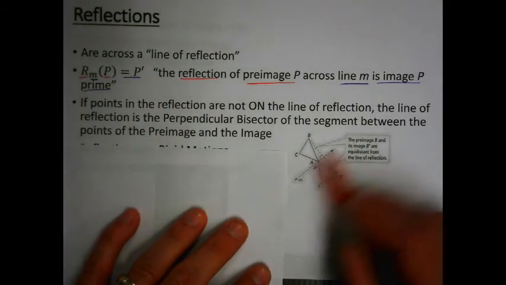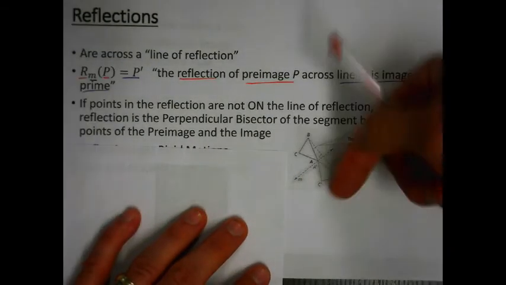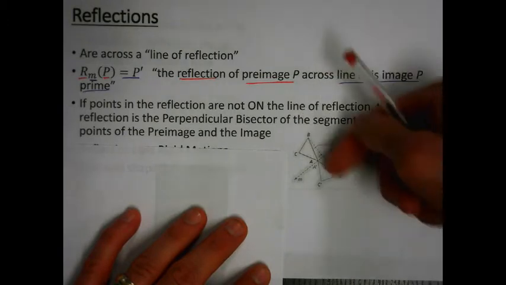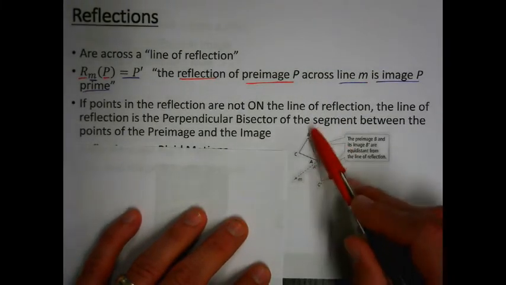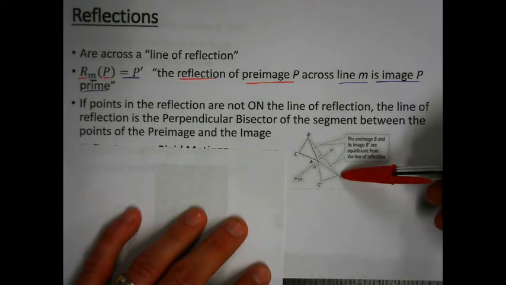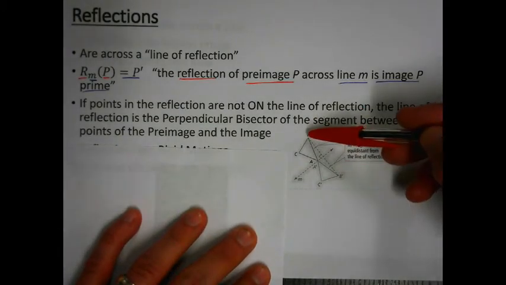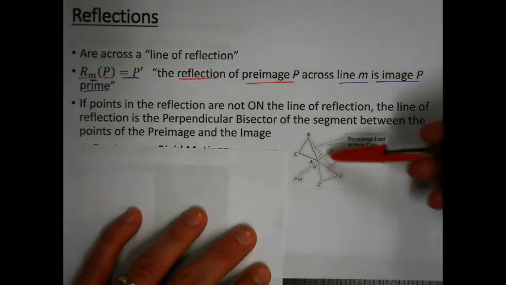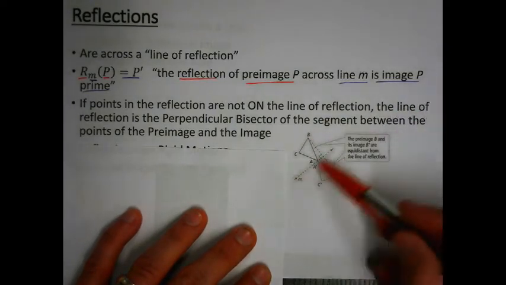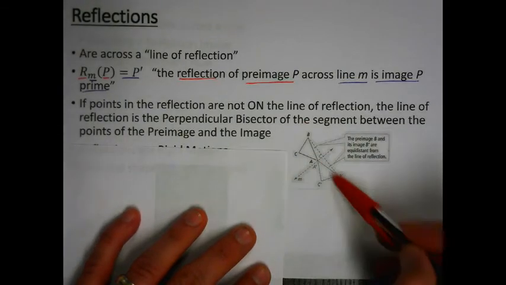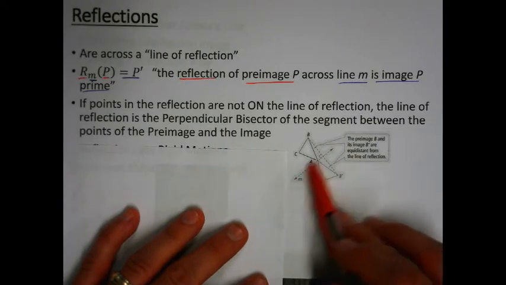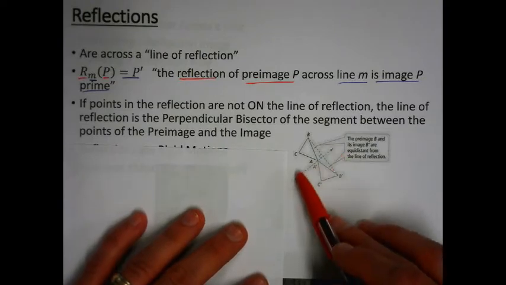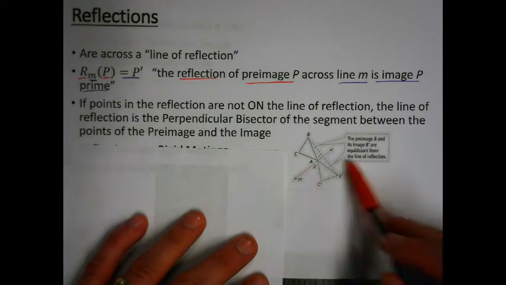Okay, so in the picture, notice here's a line of reflection M, right? In this picture, triangle ABC is getting flipped over that line. If there is a point in the pre-image that's not on the line of reflection, once you reflect it, the segment between B and B prime is bisected perpendicularly by the line of reflection.